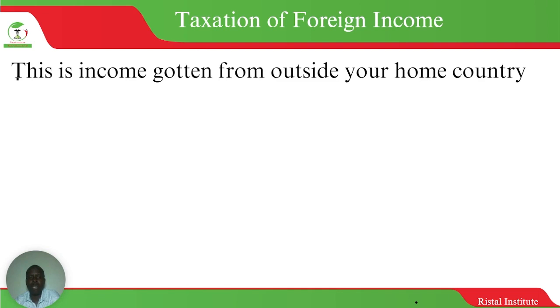Foreign income, of course, is the income that is gotten from outside your home country or outside an investor's home country. So through the study of taxation management, one way that we are able to understand how foreign income is taxed is to look at different tax treaties of countries and understand in what percentages and how do we calculate how foreign income is taxed.